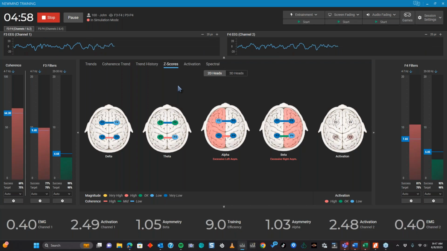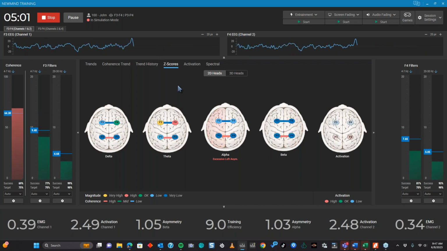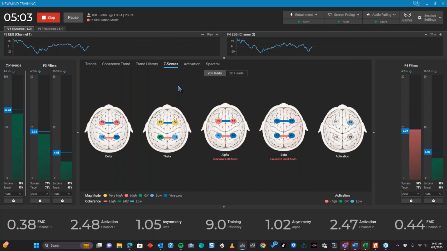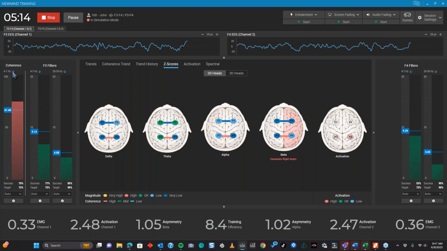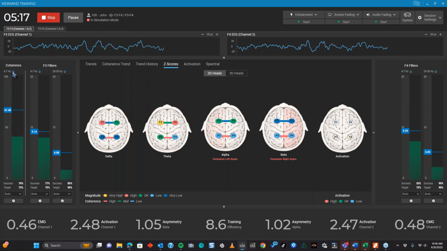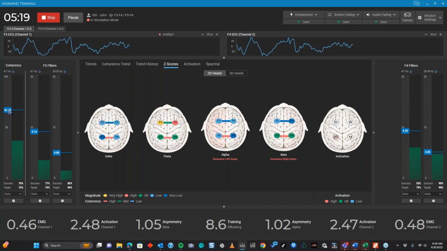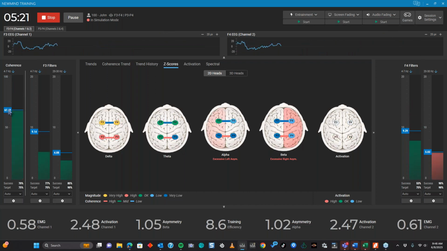So here we can see this protocol that I built is running a theta down for the coherence. Now, we were looking at this average trend here of coherence running at 67. And again, that 67 is a combination of all 4 channels.